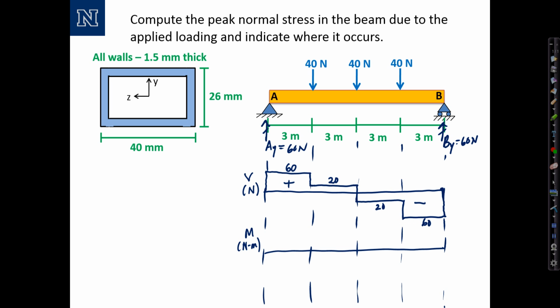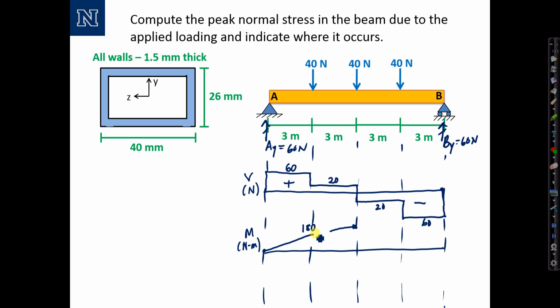The bending moment diagram, working from left to right, the moment starts at 0 at the left end, because it's a pin support. Because the shear is constant and positive, the moment is linear and increasing. The value at the first intersection point is 60 times 3, or 180. Then it's going to increase linearly again, but at a little lower slope.